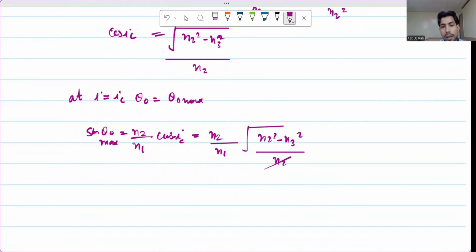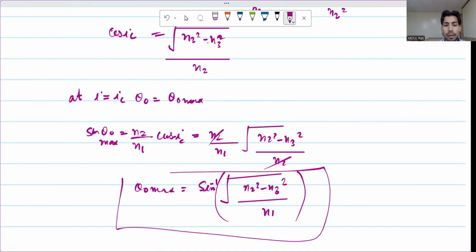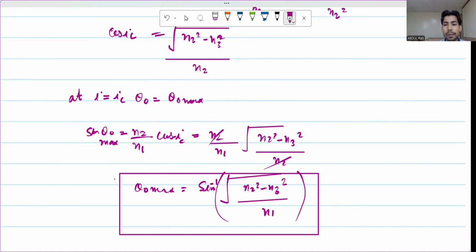Now this N2 will cancel out and you are left with theta naught max equal to sine inverse of root over N2 square minus N3 square, divided by N1, where N1 is outside the root and the whole is inside the sine inverse. That is the maximum value of theta naught.